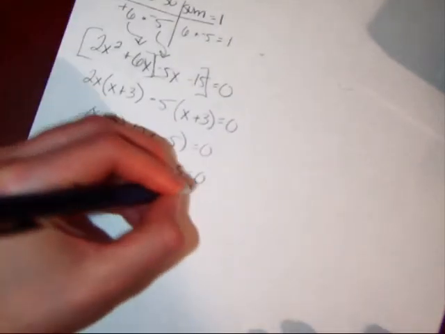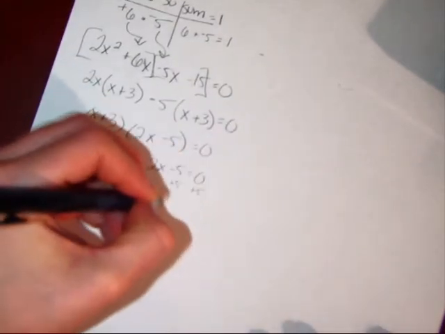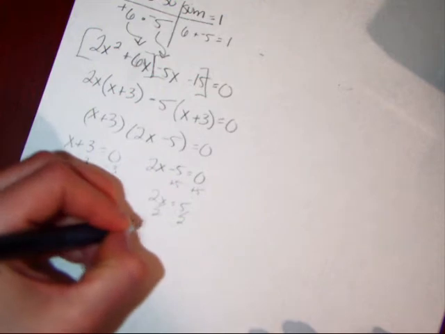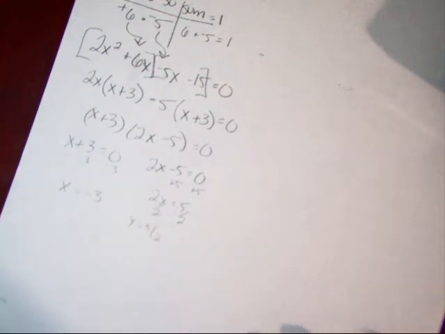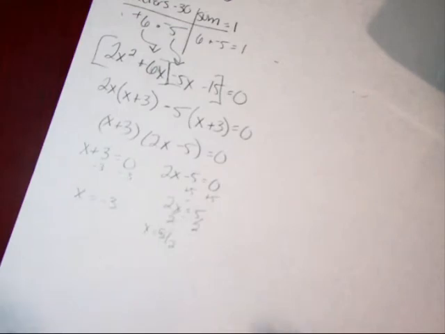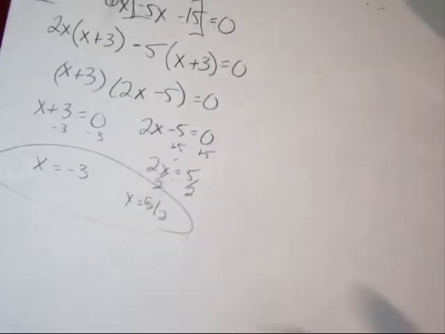I add 5 to get 2x equals 5. I divide by 2, and x is 5 over 2. And that is, wow, that's really messy. There you go, 5 over 2. And those are your answers.